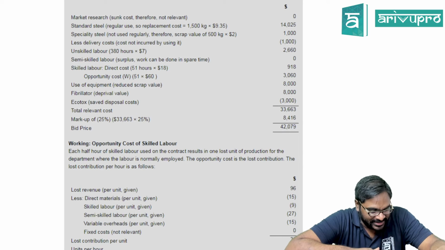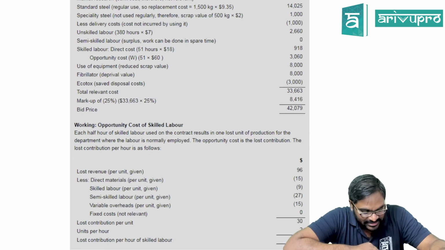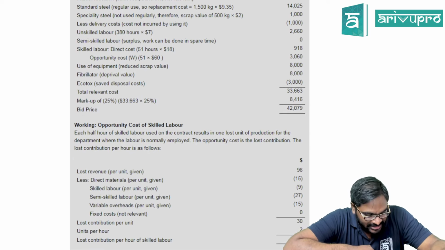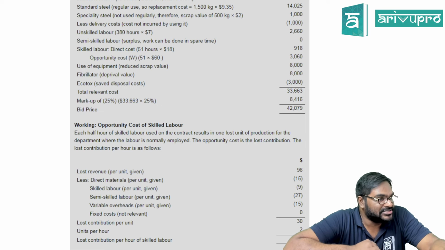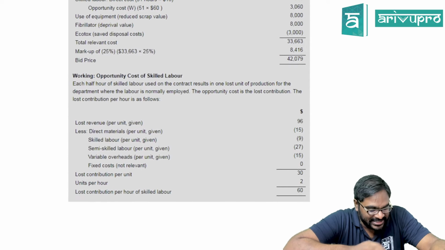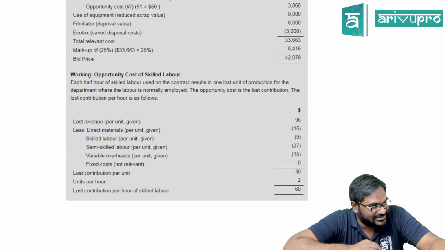Right. What is the working for skilled labour? This one. That is the working that we calculated for skilled labour, the contribution loss that we talked about. So this is the contribution calculation. 96 is the sales price.